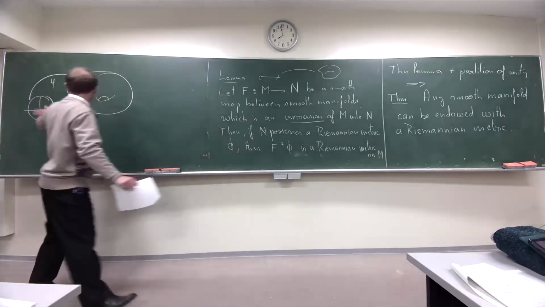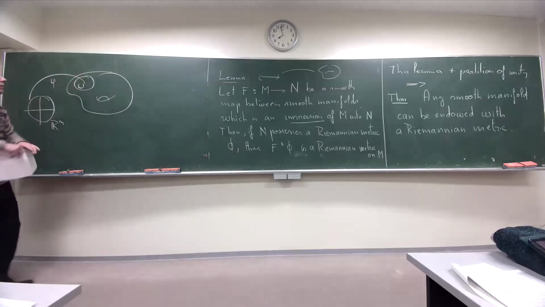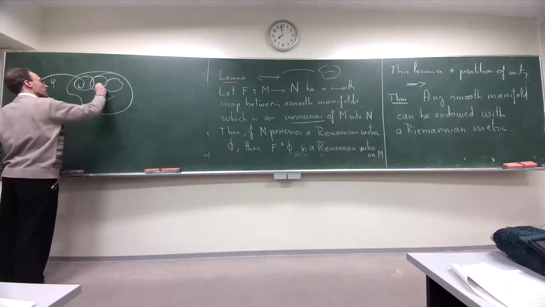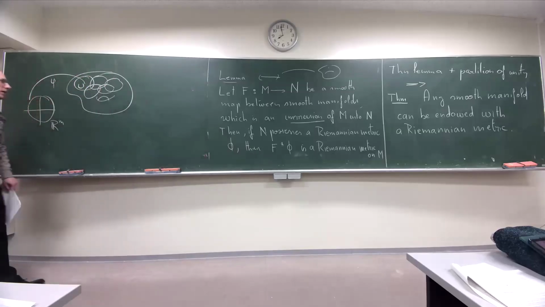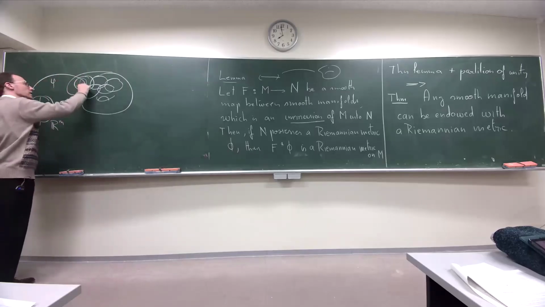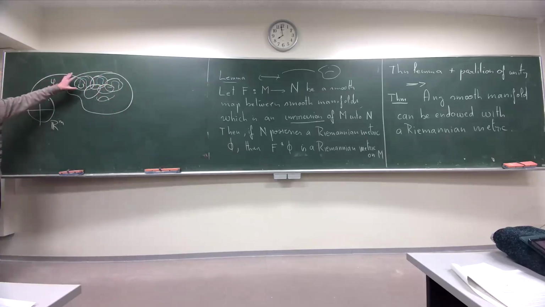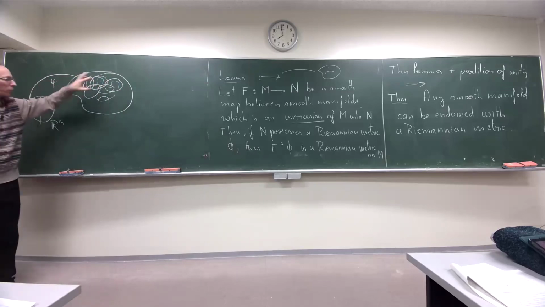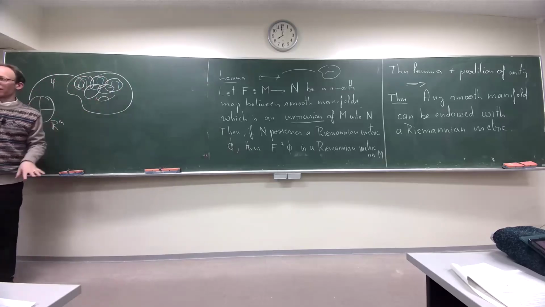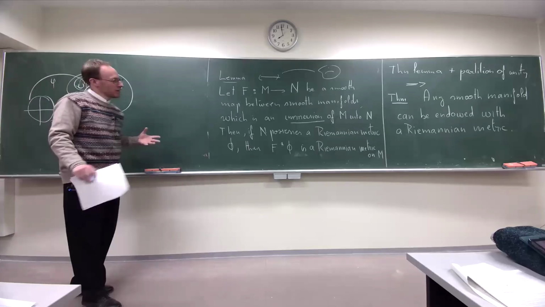It means locally, I construct a Riemannian structure on this. And now, remember, we can cover our manifold with an atlas. We can find a partition of unity which is subordinate to this atlas. So it means you construct locally a Riemannian metric, and then you put the different parts together. It's not a proof. Of course, you have to be careful, but this is the idea.